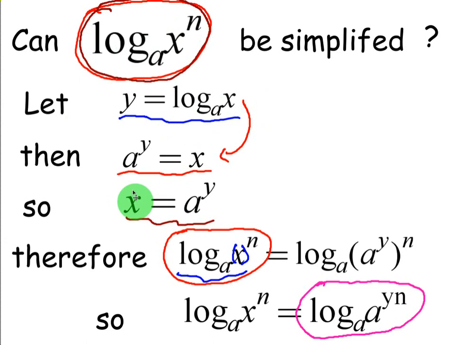Then I'm going to take log base a of both sides. So we have log base a of x on the left and log base a of a to the y on the right. The next thing I'm going to do is raise both sides to the power of n. What happens on the right is, because that's base a, it just becomes yn. A power to a power means multiplying. So on the right we have yn.